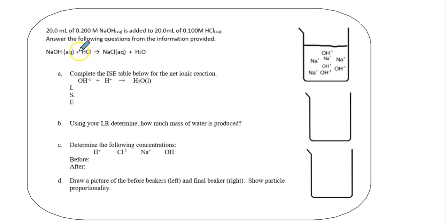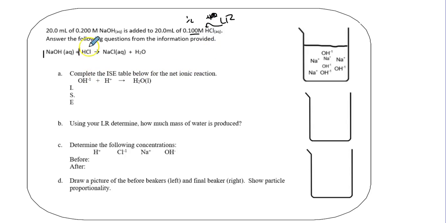So you should note, because we're using a 1-to-1 ratio, that this has half the moles, because half the concentration. This is my limiting reactant. Sometimes we also call this a limiting ion. I'll show you what I mean by limiting ion. Just the actual hydrogen is the limiting ion. So complete the ICE table here.